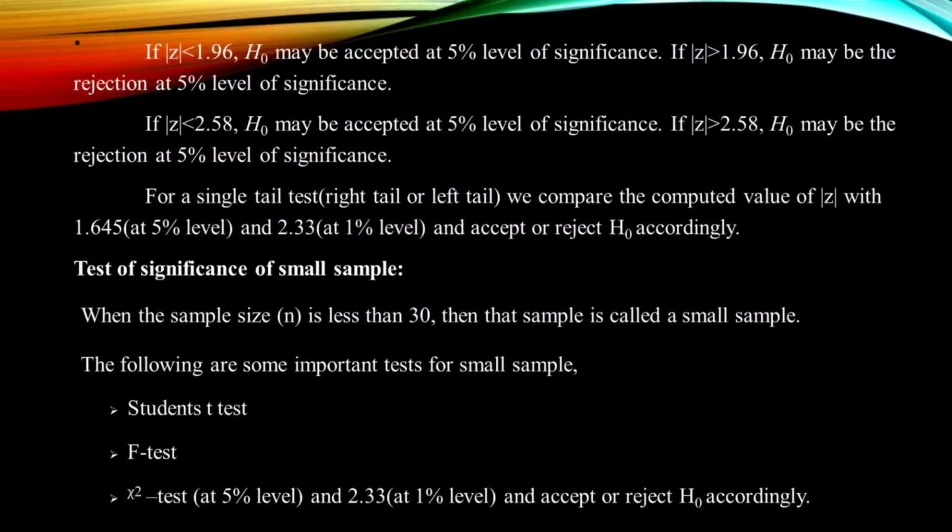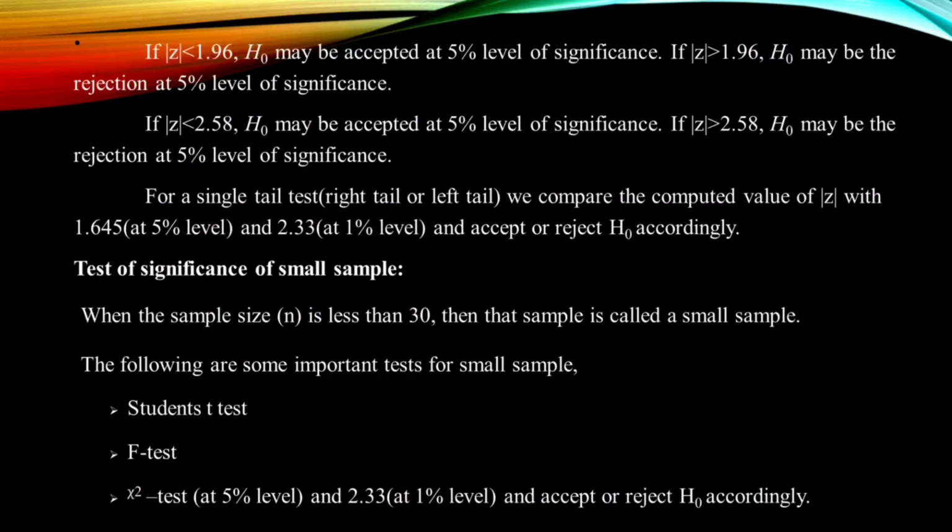That is, if mod z is less than 1.96, H naught may be accepted at 5% level, and if mod z is greater than 1.96, H naught may be rejected at 5% level of significance. And if mod z is less than 2.58, H naught may be accepted at 1% level of significance, and if mod z is greater than 2.58, H naught may be rejected at 1% level of significance.